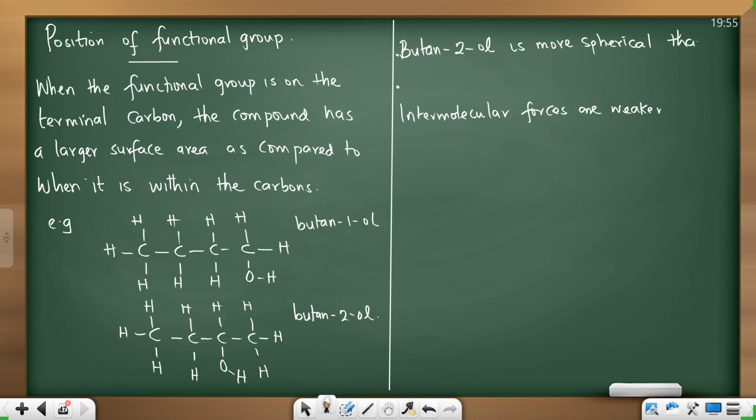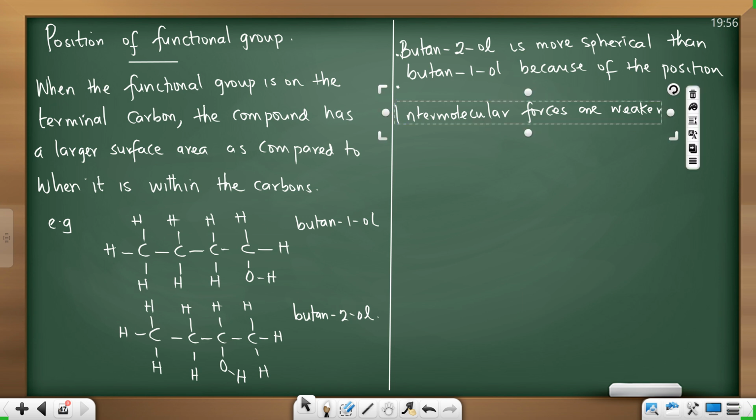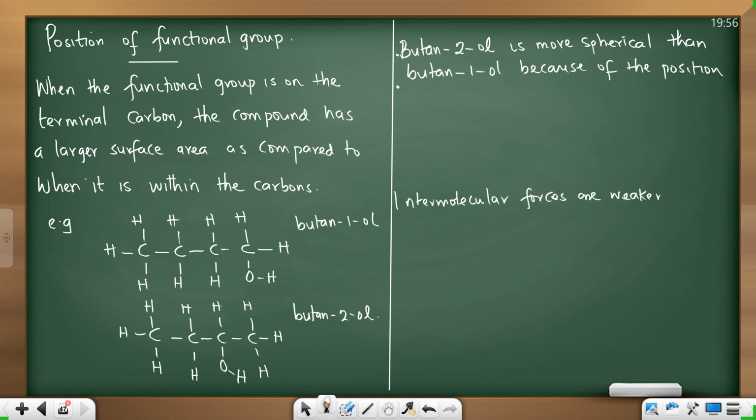Then butane 1-ol, because of the position of the functional group, it gives it a larger surface area.